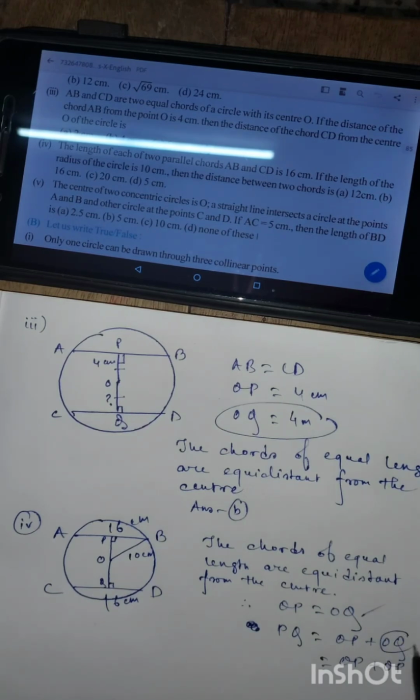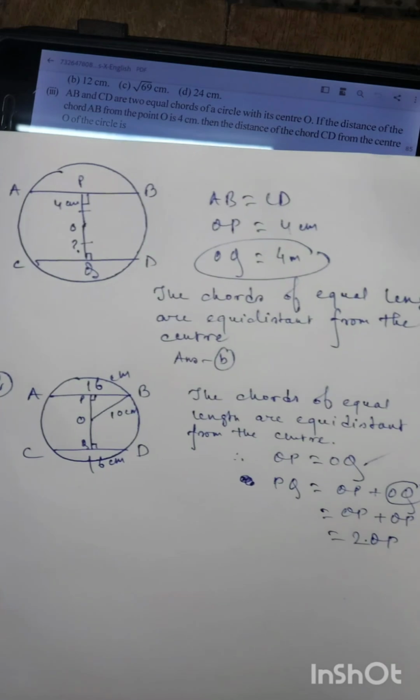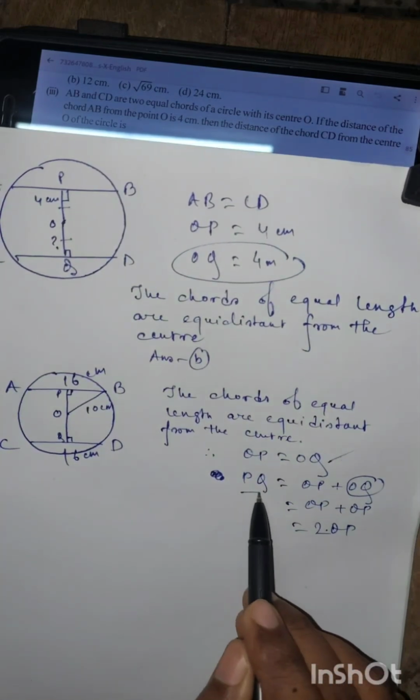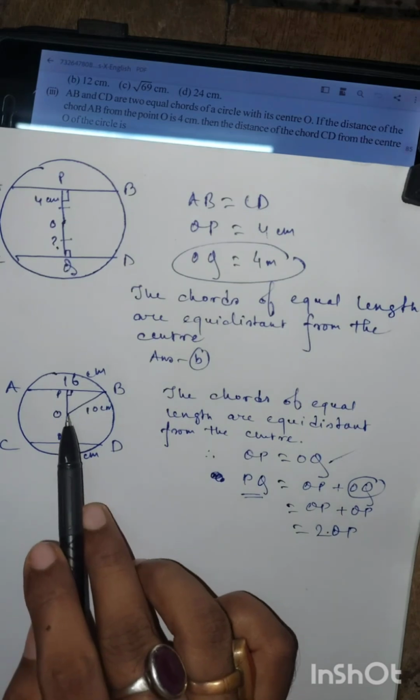In place of OQ, I am writing OP. Why? Because OP equal to OQ. So 2OP. So PQ length will be twice of the length OP.